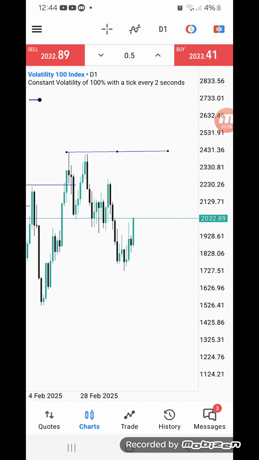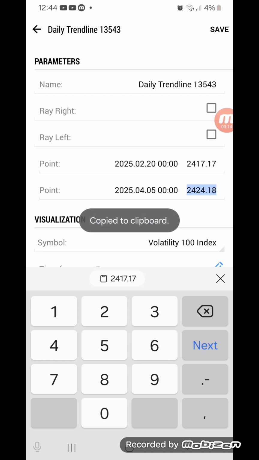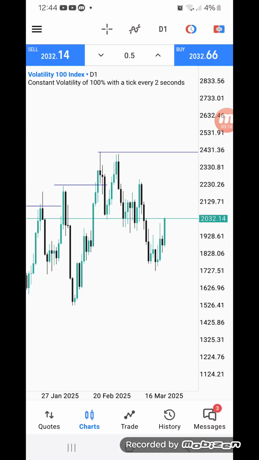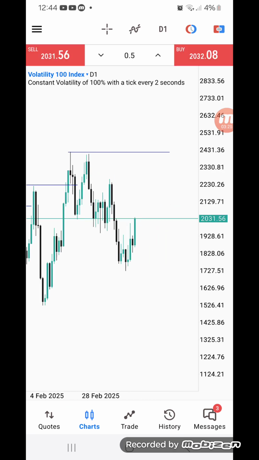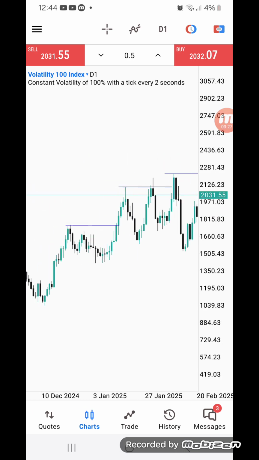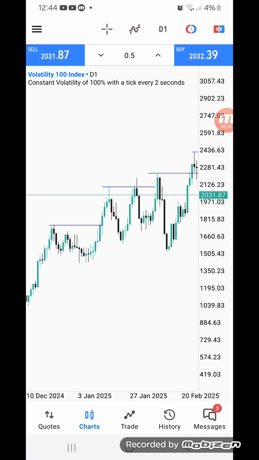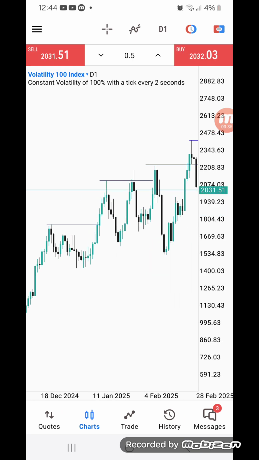This is what we call the buy side liquidity, or in other words we can call it possible break of structure, because at a given point the market will go up and break that high.